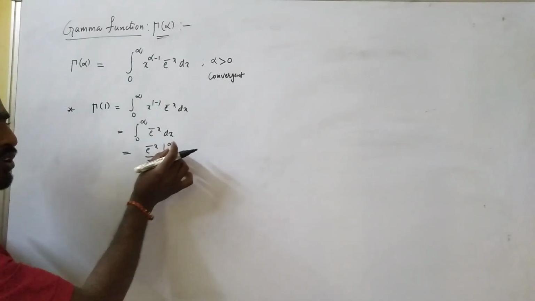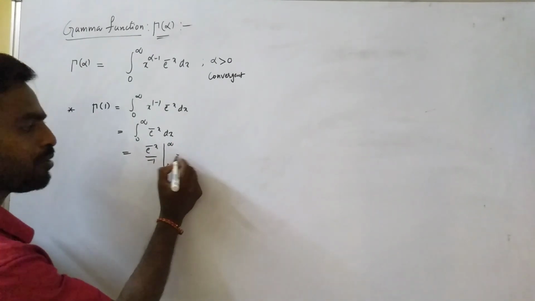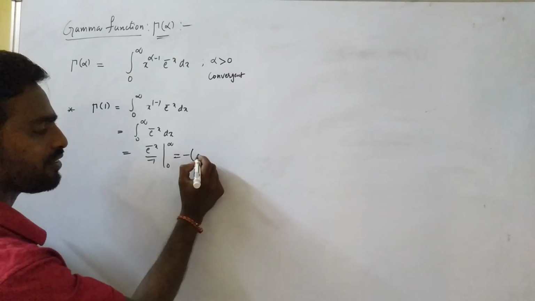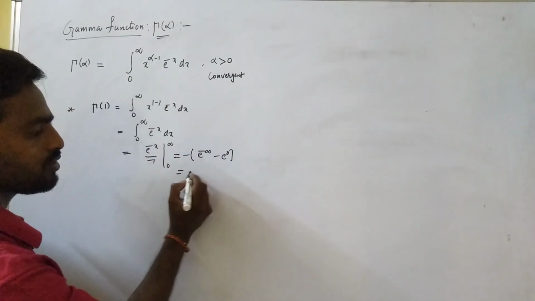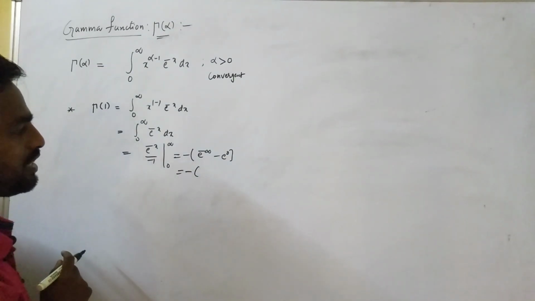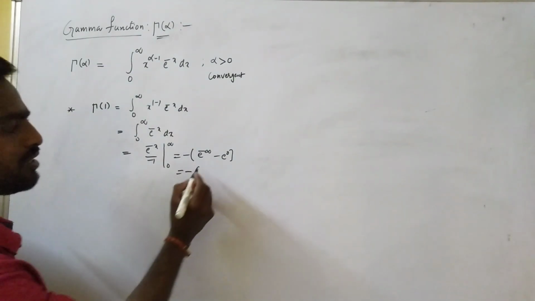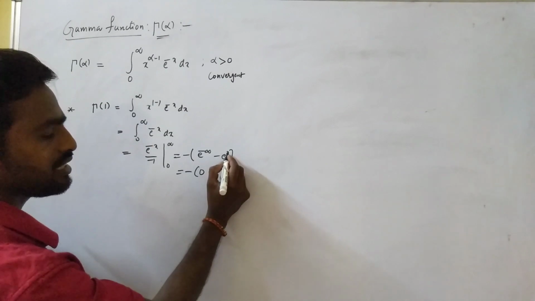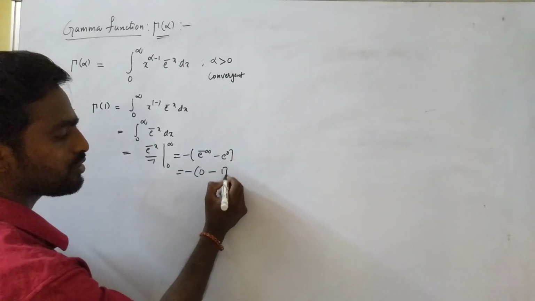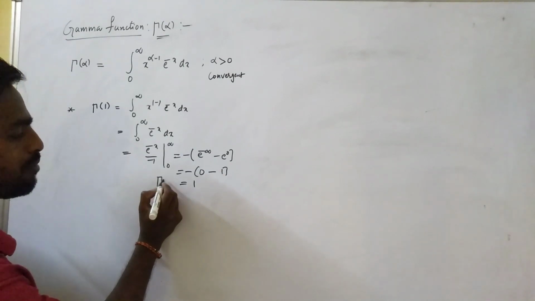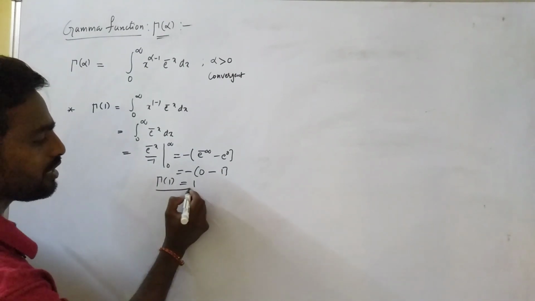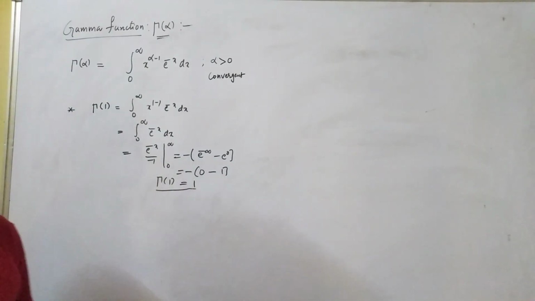Putting in the limits, minus of e power minus infinity, which is 0, minus e power 0, which is 1. So finally gamma of 1 is equal to 1.